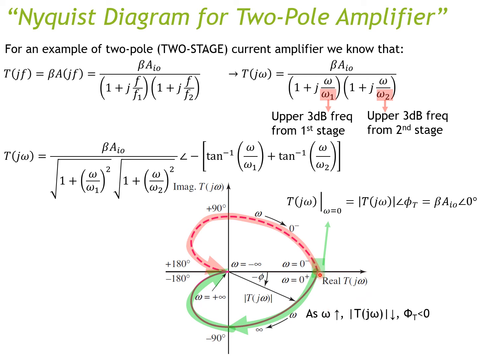How about if you go from this direction to this direction? That means when you examine from 0 to negative infinity, so for a frequency that is less than 0, or when omega goes from 0 to negative infinity, you can see that the magnitude of the loop gain decreases in the same way, but now the phase is actually positive, and you can see now you have kind of a heart shape, right?